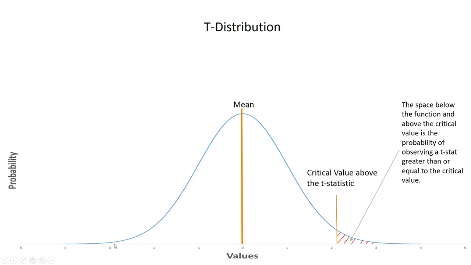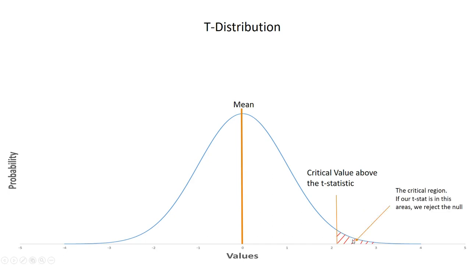If the null hypothesis is true and this is the true distribution, then we've just said that this area is the probability of finding a t-statistic above the critical value. And we've also said that if our t-statistic lies in this area, then we will reject the null.